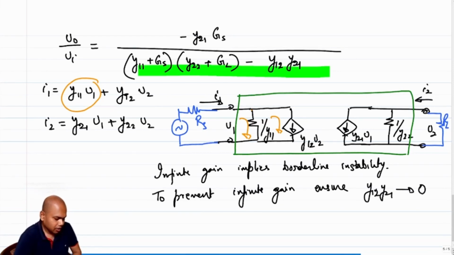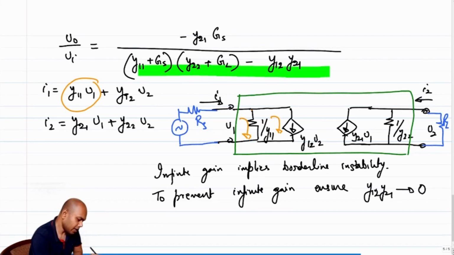So that is one aspect, and the other aspect is the fact that if you stare at this circuit, what do you think is the desired signal flow direction, right?